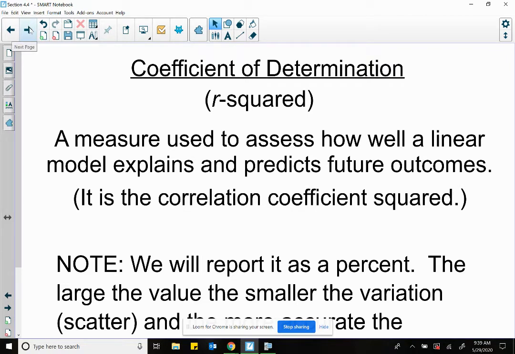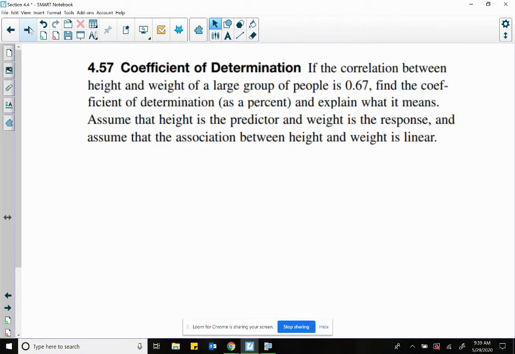All right, so let's check out what's going to happen in our work. It says, if the correlation between height and weight of a large group of people is 0.67, find the coefficient of determination as a percent. Well, we just talked about this. In order to find that coefficient of determination, all you've got to do is square that number.